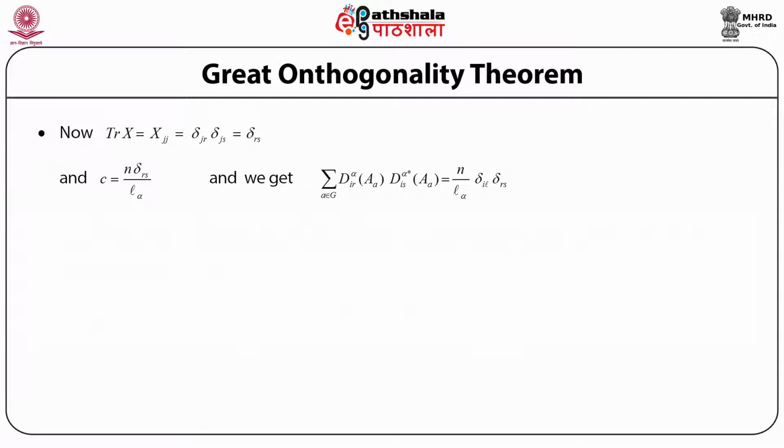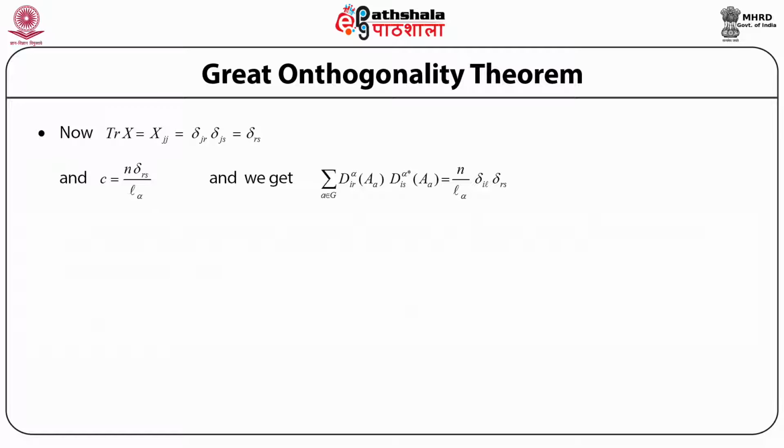Now the trace of X is equal to xjj, which is equal to delta jr delta js, which is equal to delta rs. Therefore C is equal to n times delta rs by L alpha.